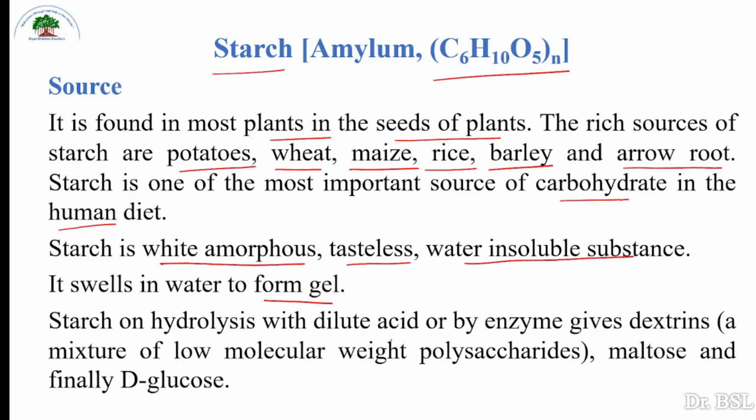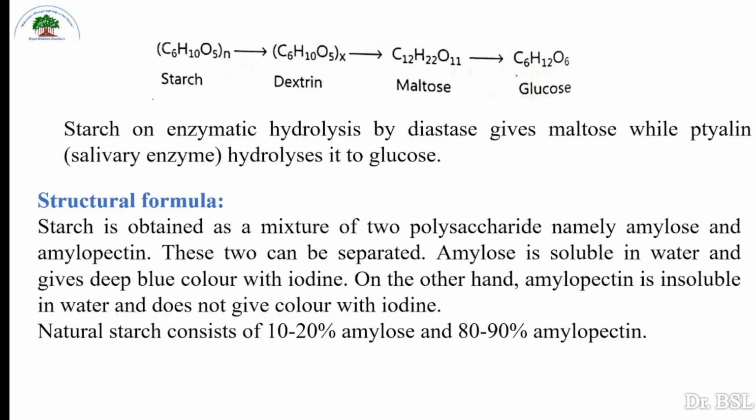Starch on hydrolysis with dilute HCl, dilute acid, or by enzyme gives dextrine, a mixture of low molecular weight polysaccharides, maltose, and finally D-glucose. And this reaction sequence is like this.